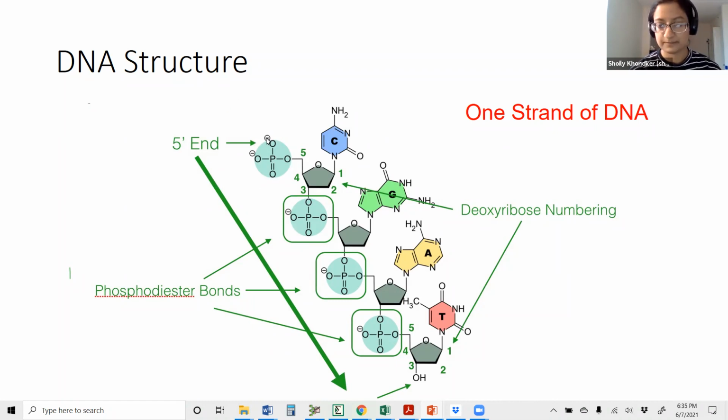This triphosphate group is the 5' end, and this hydroxyl group is the 3' end. And usually when you're talking about DNA in a lab setting, you're referring to it in the 5' to 3' direction. And that's just the convention.